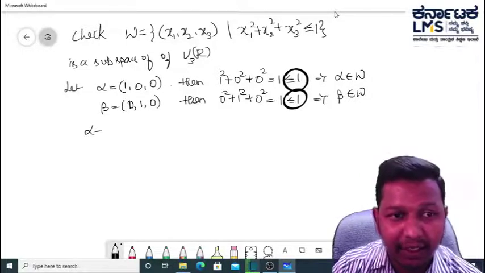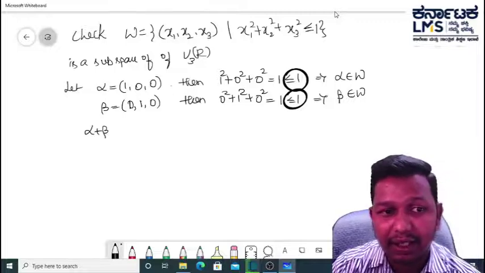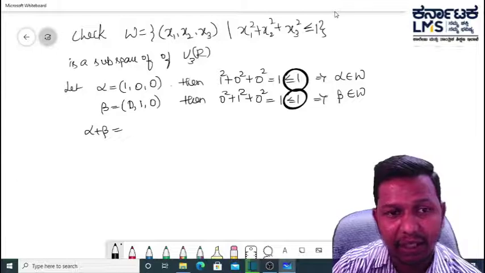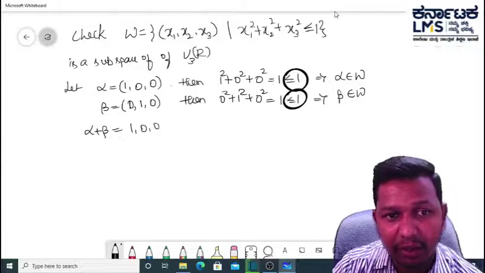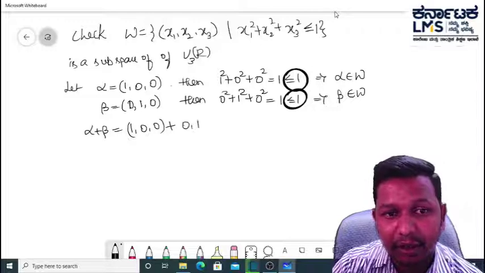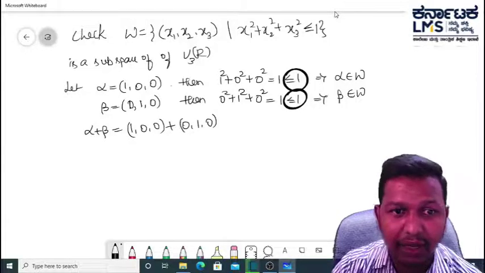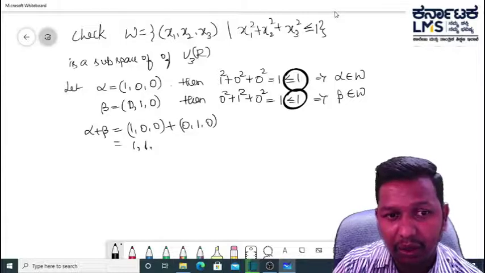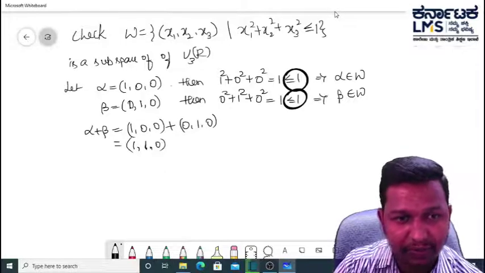Then I consider the vector addition of these two vectors, that is alpha plus beta is 1, 0, 0 plus 0, 1, 0. By adding these vectors, I get 1, 1, 0.